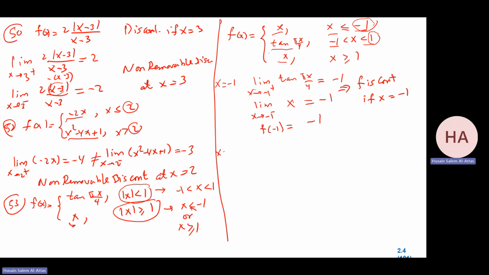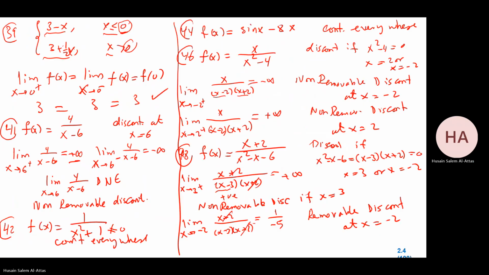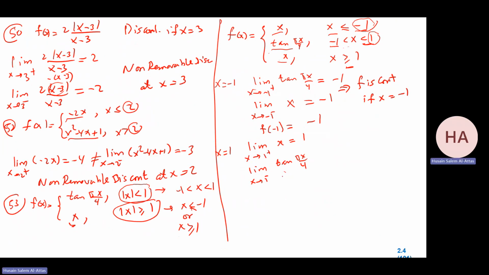Now for x equal 1, I'll do the same. Limit x goes to 1 from right. So I am here. That will be x, which is 1. Limit x goes to 1 from left. So that means I am there. That will be tan pi x over 4, which, if you substitute, you have pi over 4, which is 1.